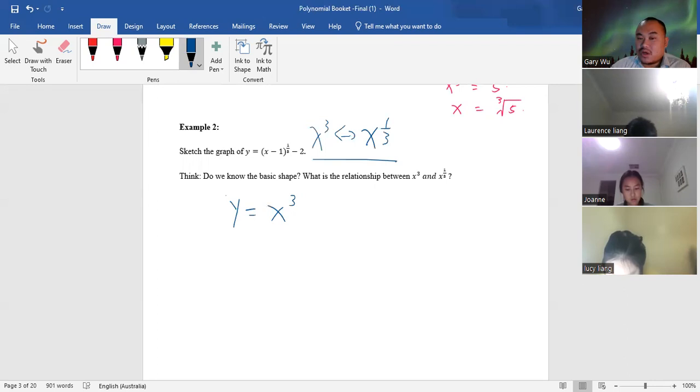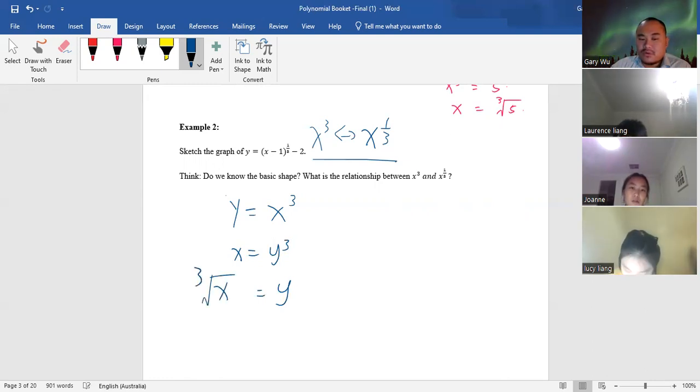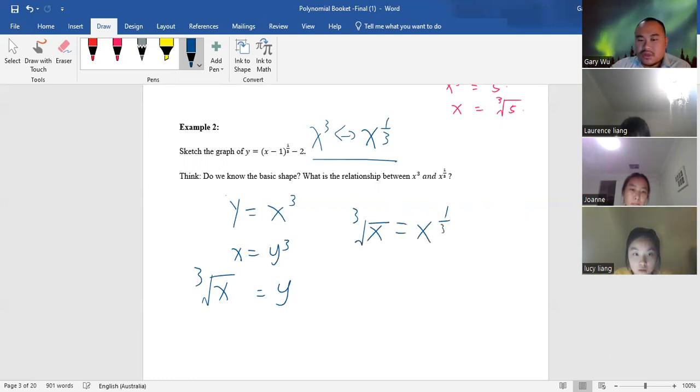So we swap x and y, right? So it would be x equal to y to the power 3. And then now we solve for y. How can we get y? We take the cube root of both sides, and then we get y. Does it make sense? And we know this one equal to this one, right?